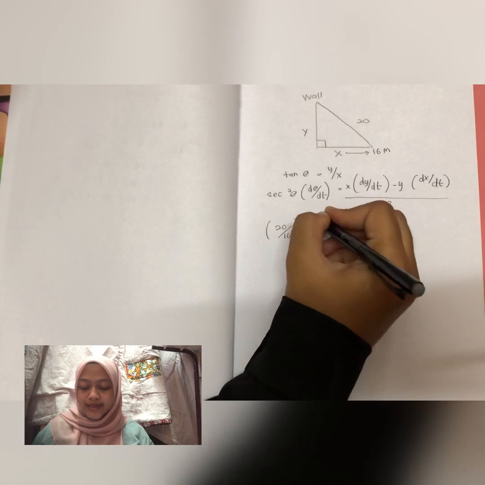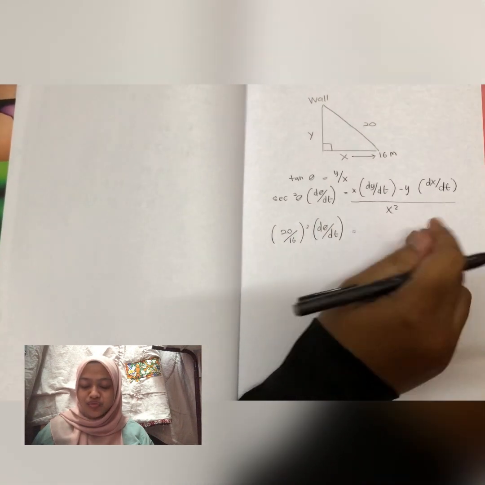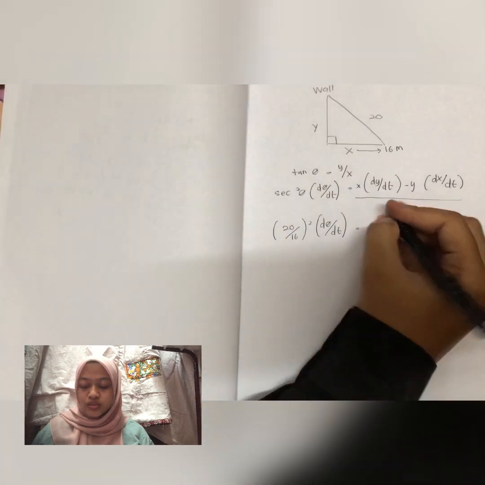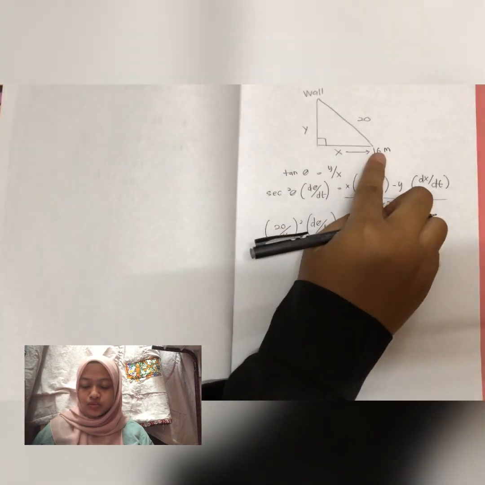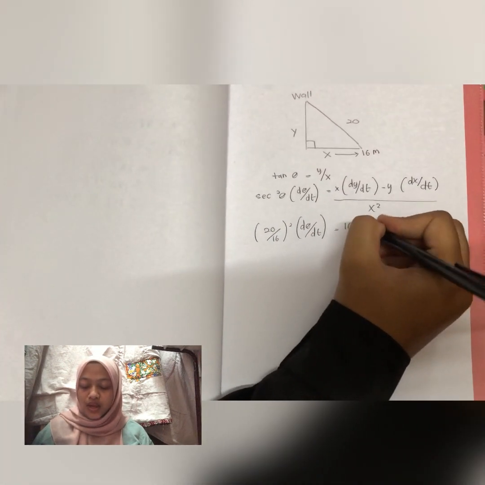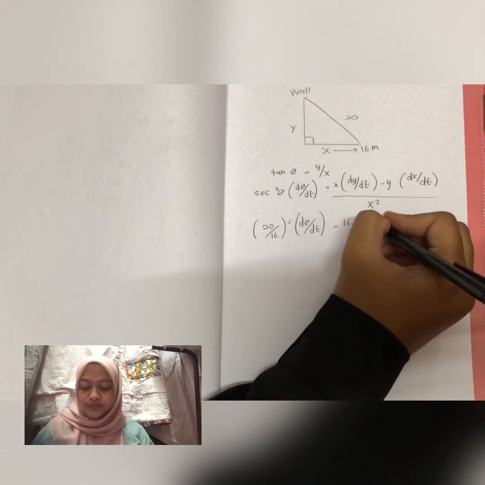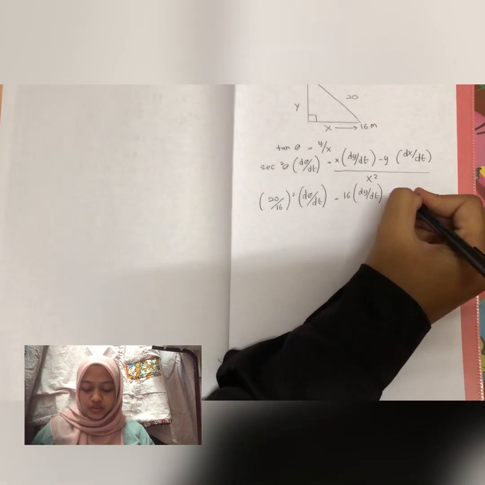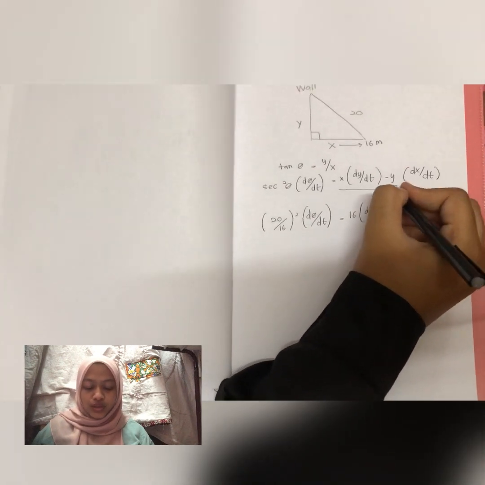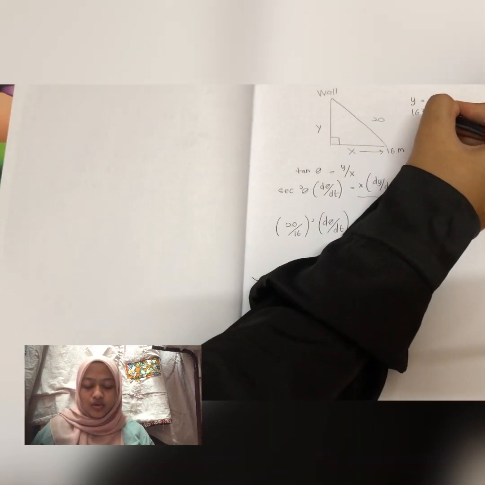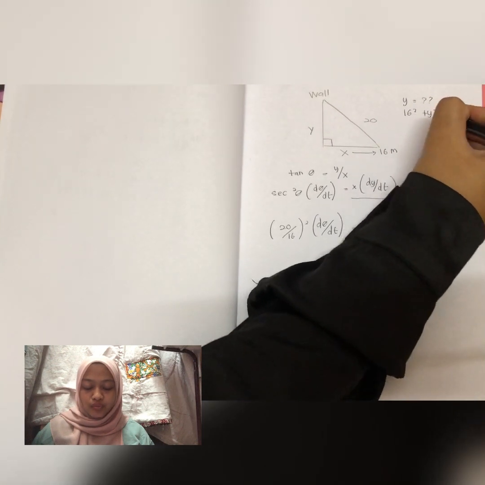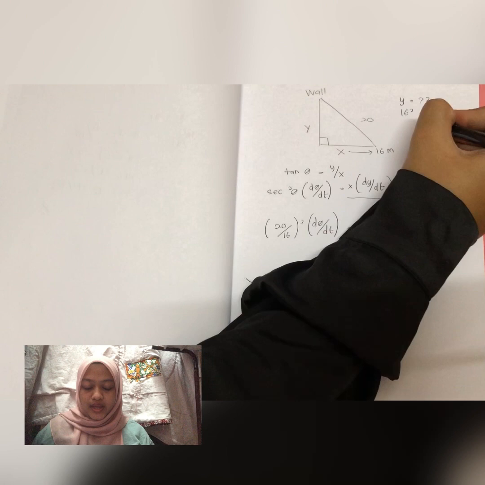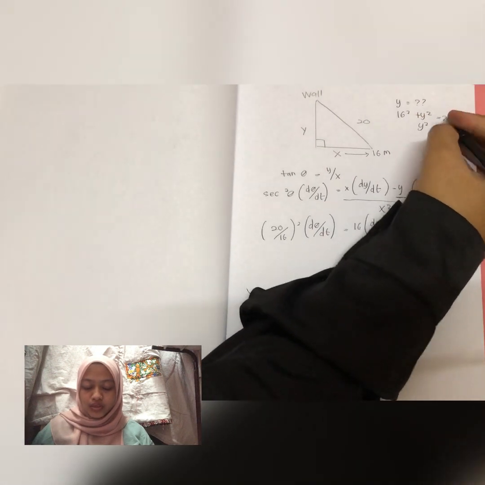So, we got x. We know that x given is 16 meters from the wall. So, we substitute 16 into x, multiplied with dy over dt, minus, so how to find y? From here, we know that 16 squared plus y squared equal to 20 squared. So y squared is 144.